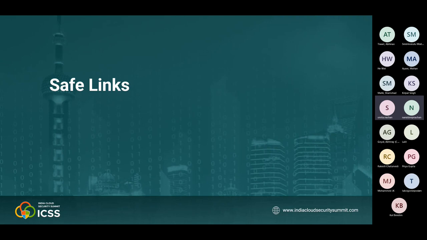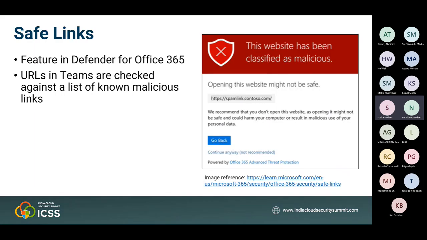With time-of-click protection, the URLs are not rewritten. If a link is found to be malicious, the user will have a different experience. For example, if the link was clicked in a Teams conversation, group chat, or channel, the warning page shown in the screenshot below will appear in the default web browser.